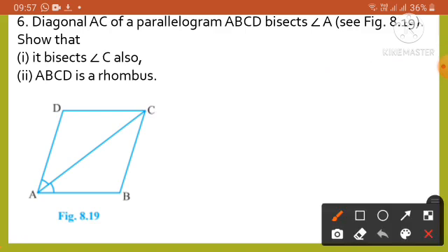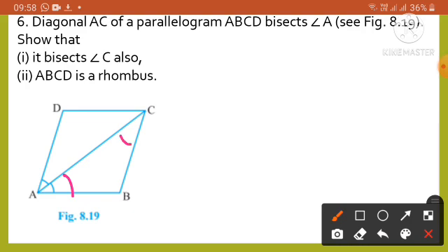So we are taking triangle ABC here. In triangle ABC we have angle BAC equal to angle BCA.